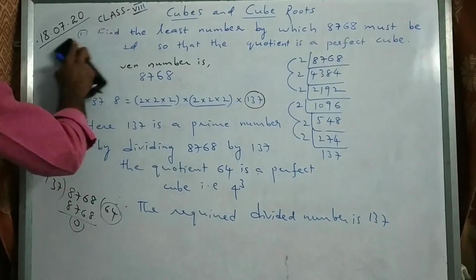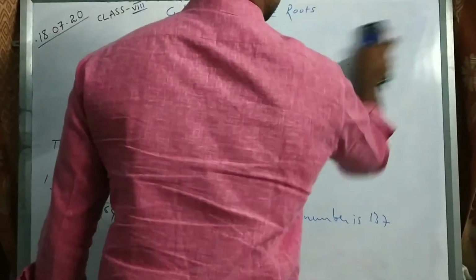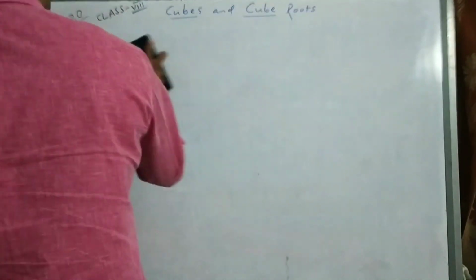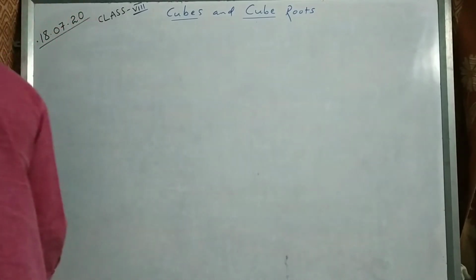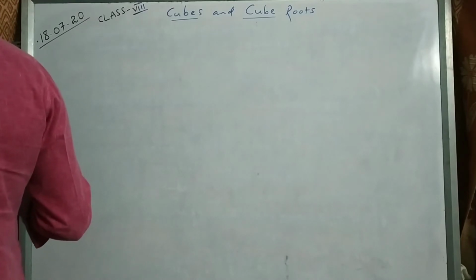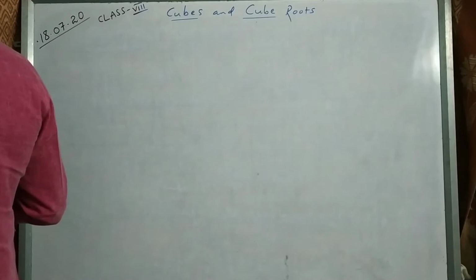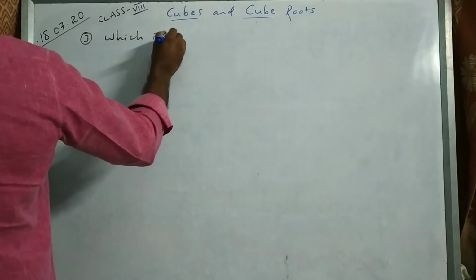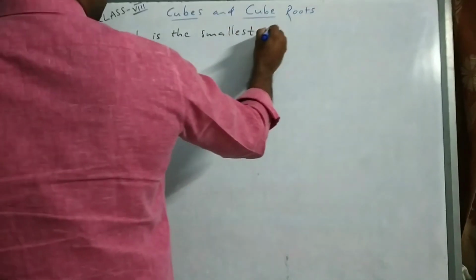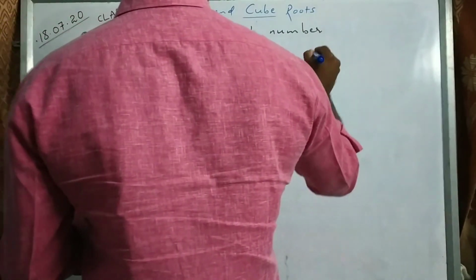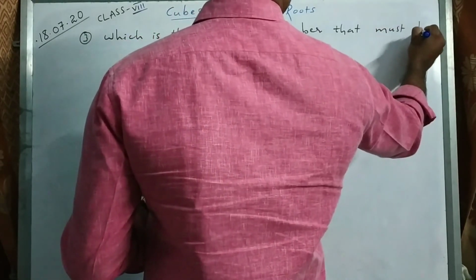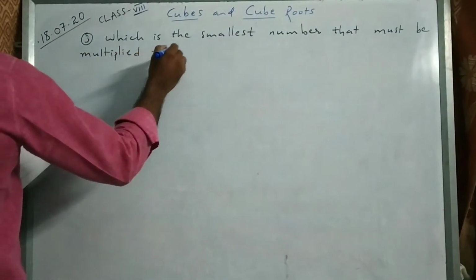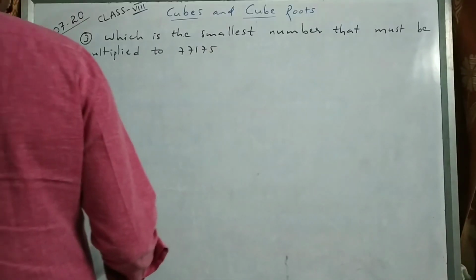Okay? Look at one more. Which is the smallest number that must be multiplied to 77175 to make it a perfect cube?